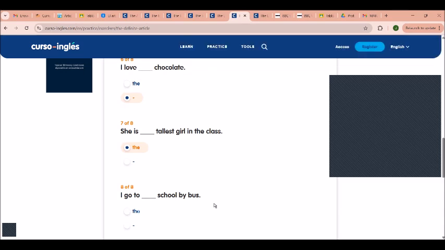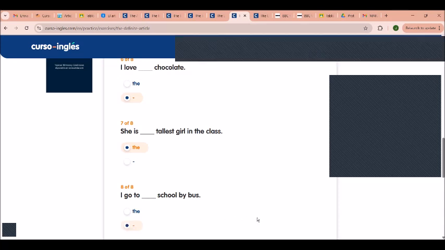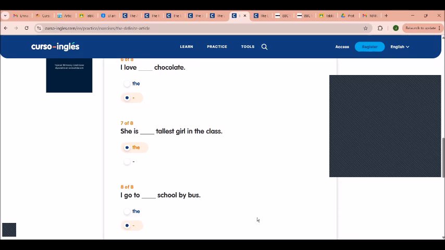Yes, I go to school by bus. Right? How? By bus. All right? Now, you can be specific if you give more information. Here, for example, I go to school on the Metrobus.